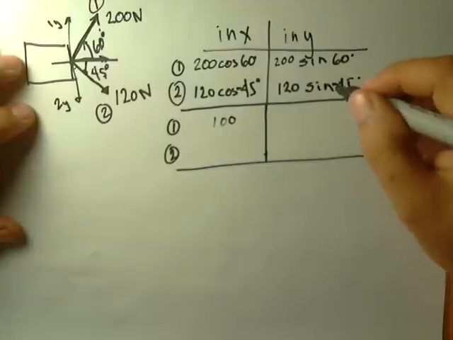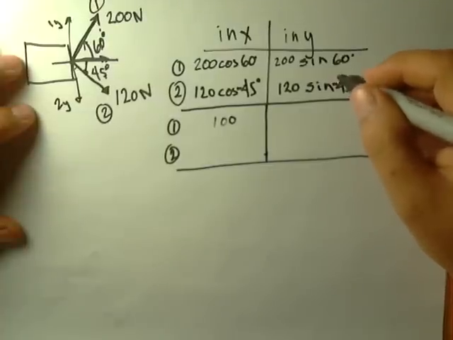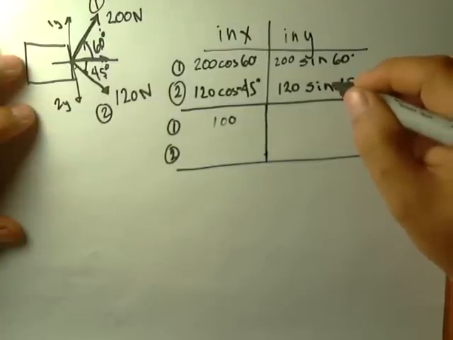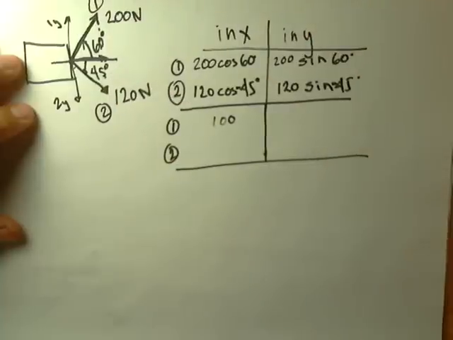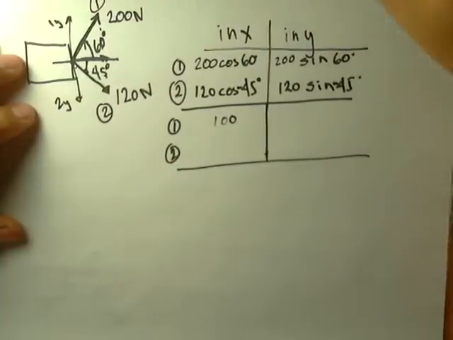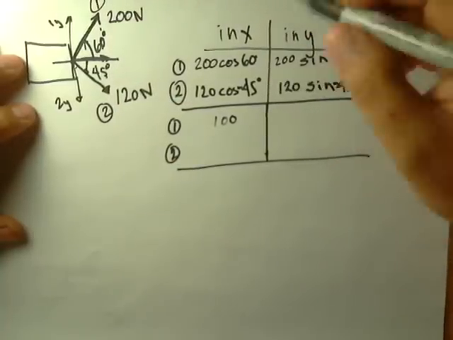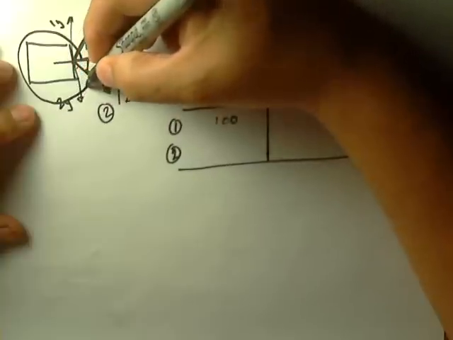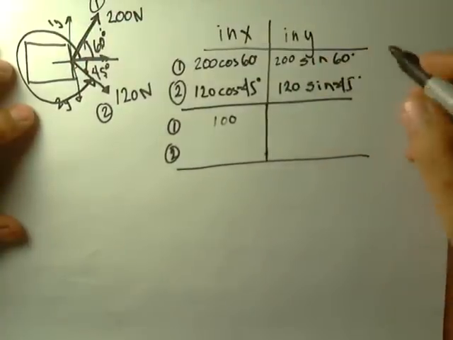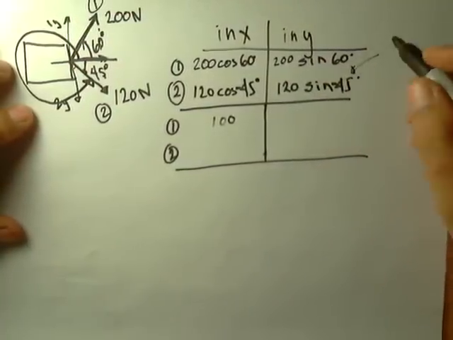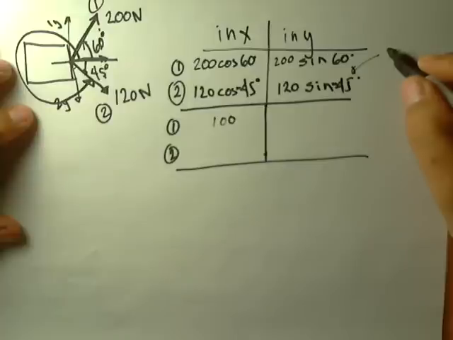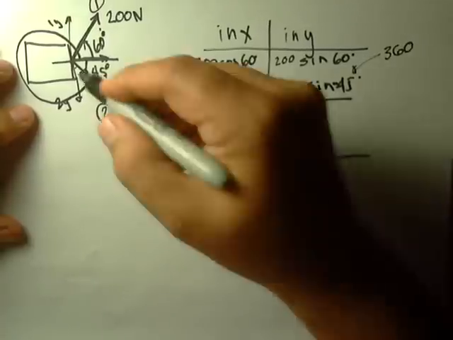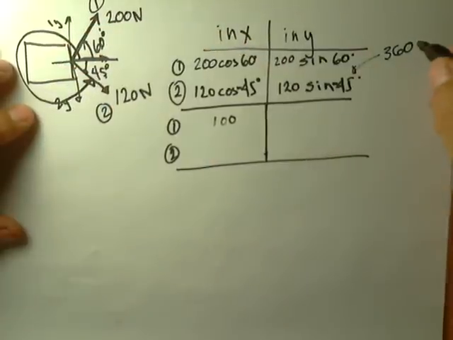If you don't want to deal with these signs, I suggest you use the total angle. Instead of that one, you will get the same result as 360, which is the whole turn, minus 45 degrees.